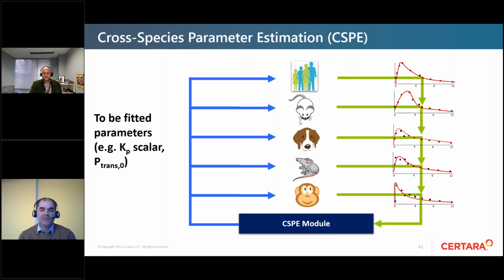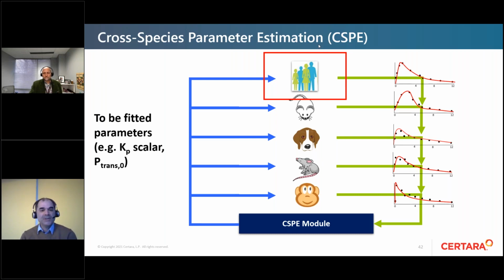So we have animal simulators: rat, mouse, monkey, and dog. And in version 22, we now have the capability of fitting all the models at the same time. So if you have specific parameters, obviously they should be sensible, like an intrinsic drug parameter that is the same across the board, and you don't know it, you haven't measured it, or you don't have confidence in it, you can fit it across the board for all the different species.